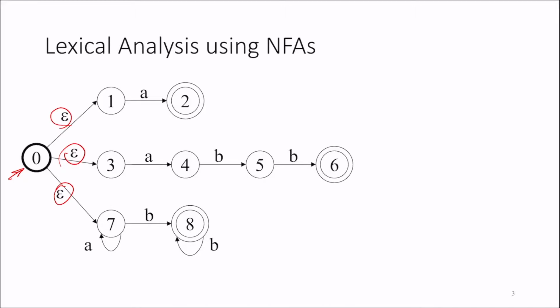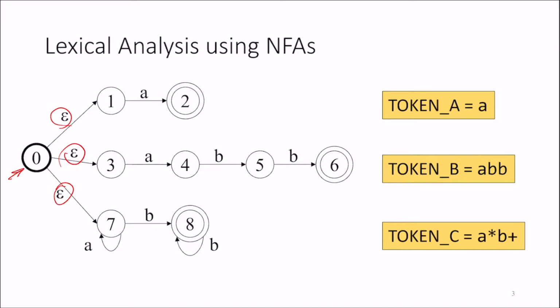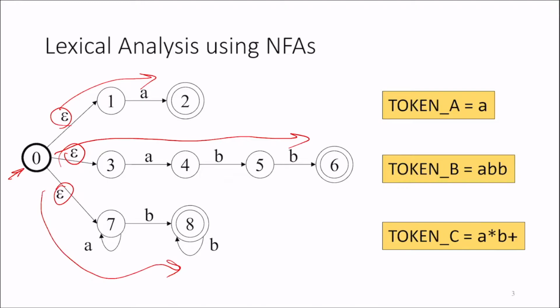This allows us to run all of the NFAs in parallel, because that's what the NFA lets us do. So for these 3 token definitions, I can check which path is going to lead to a final state. It's either the topmost path, the middle path, or the bottom path.